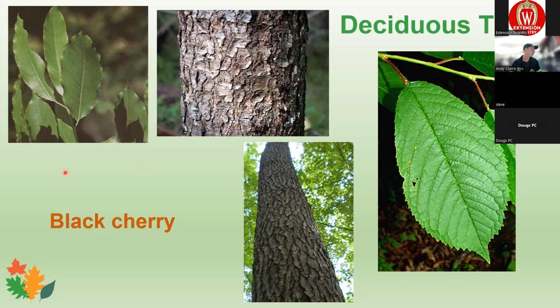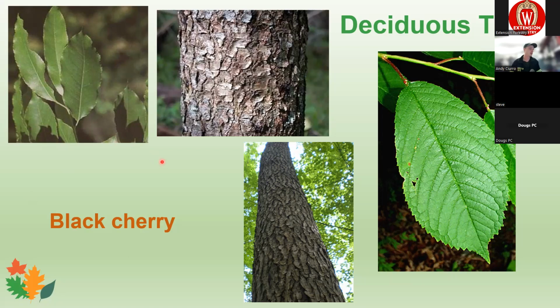Is the bark papery? Not really. That's more like, with black cherry, I call it burnt potato chip bark. It's not papery. If it is papery, it's a birch. Well, I think we know that's not a birch. So bark not papery, go to 10.